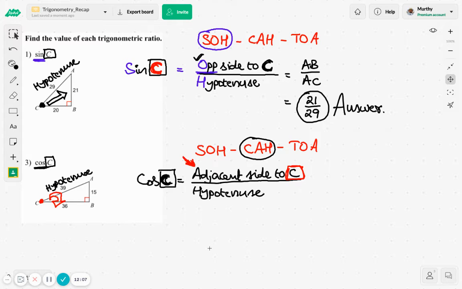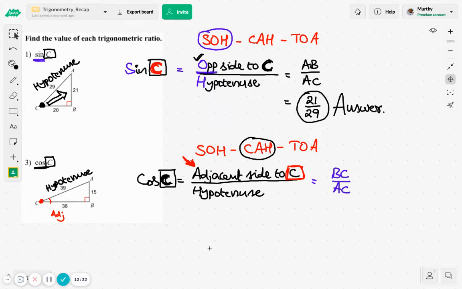Already we identified the hypotenuse, so other than the hypotenuse, you know the adjacent side, which is next to the given angle. So here this is going to be my adjacent side. Now plug in the values. Adjacent side is BC here, and the hypotenuse is AC.